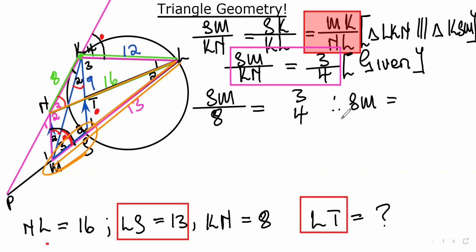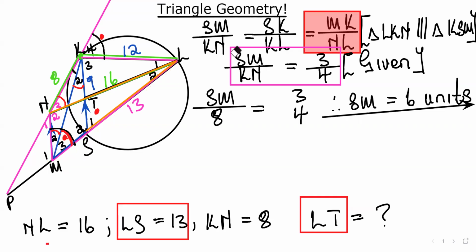We cross multiply: SM times 4 equals 3 times 8. So in the numerator on your calculator, you have 3 times 8, and this is divided by 4. So you get 6 units there. Okay, now we have the length of SM. How does it help us? It helps us in finding the entire length of LM.